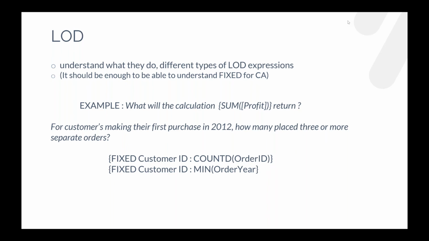So first, to understand who the customers are that did their first purchase in 2012, you might need something like a fixed customer ID, a minimum of order year, and then you will find out which are the ones that placed their first order in 2012, and then based on that, you would need to calculate the distinct order IDs. So you have the answer for this.